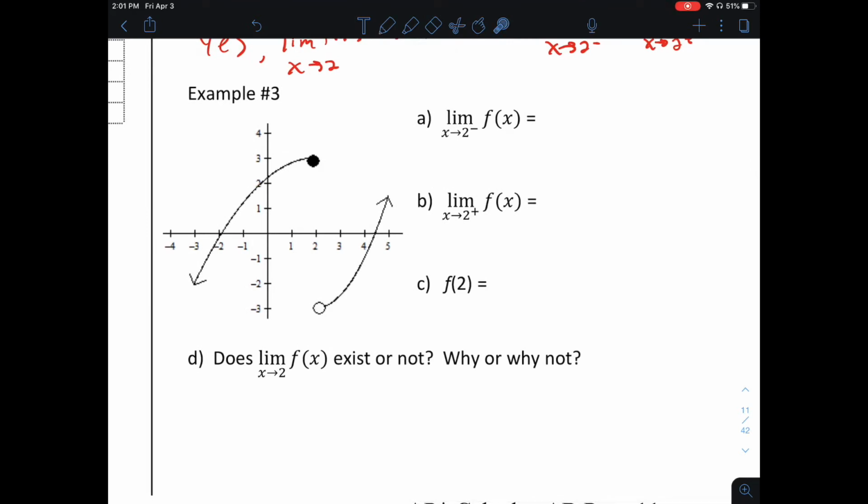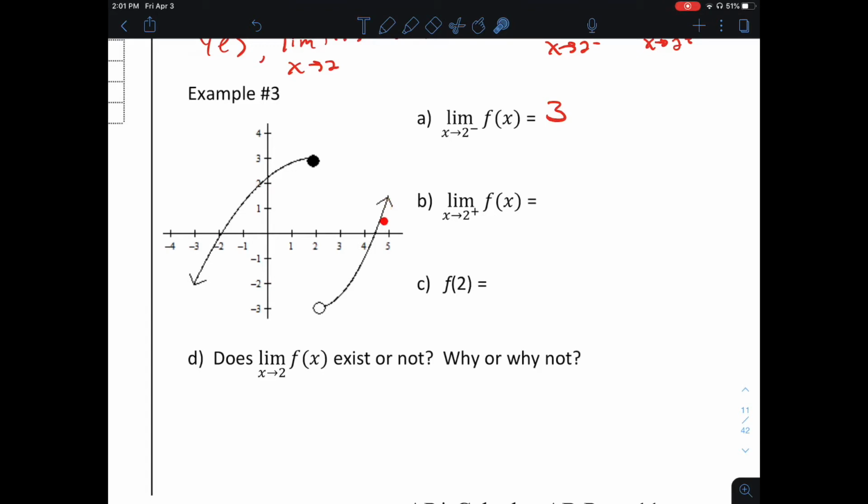Check out example 3. Find the limit of f of x as x approaches 2 from the left. Looks like y is approaching 3 from the left.